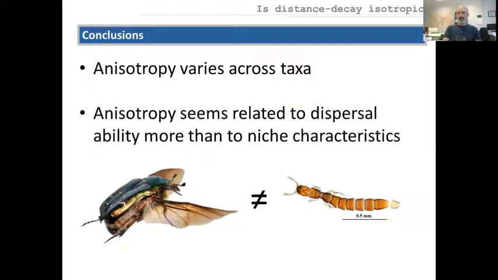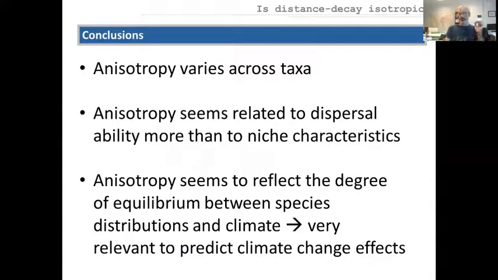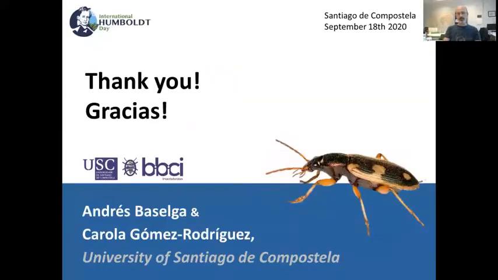Anisotropy seems related to dispersal ability more than to niche characteristics, and this suggests that anisotropy would be a good measure to infer the degree of equilibrium between species distributions and climate. And this, of course, is super relevant to predict the effects of climate change on biodiversity and on biological assemblages.